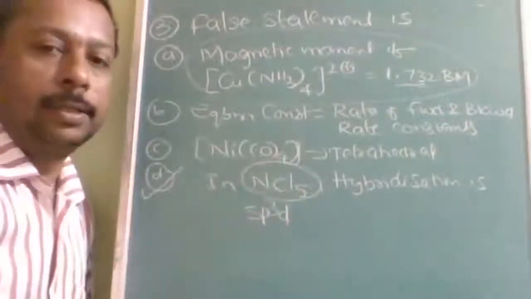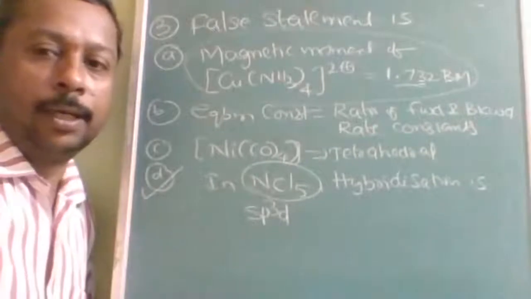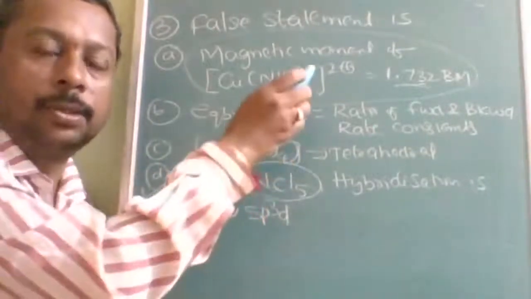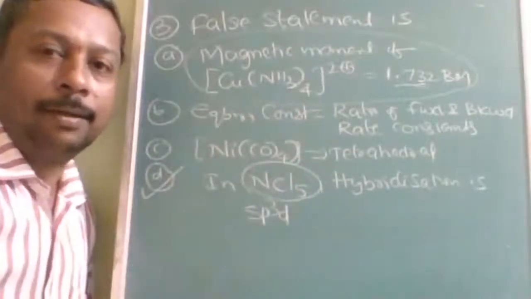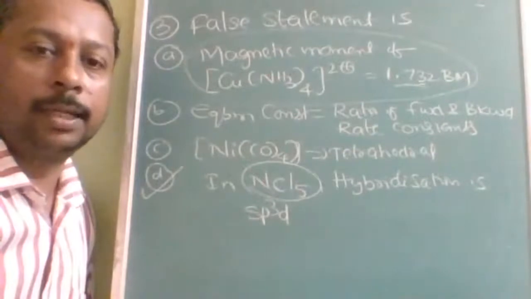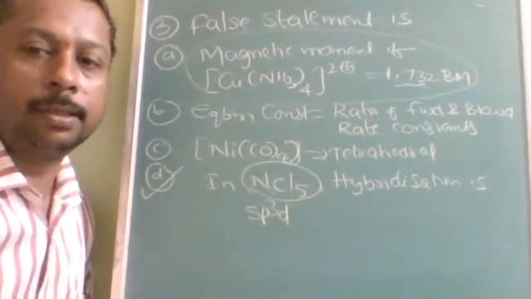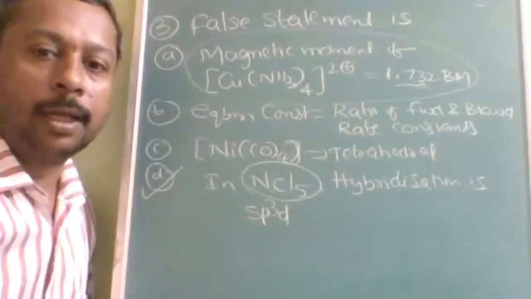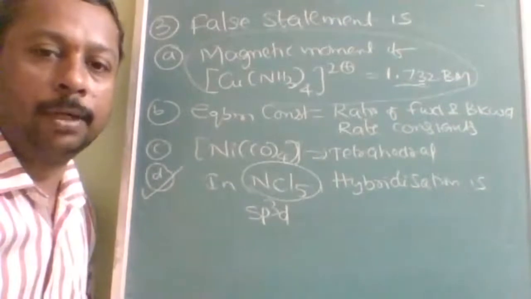Nitrogen doesn't have a D subshell, so how can it be sp3d hybridization? So it is a false statement. Don't start from the A option only. Once you have to select the false statement, you can go and all statements can be directly judged. This is what is called time management, where you will answer more number of questions per given point of time.